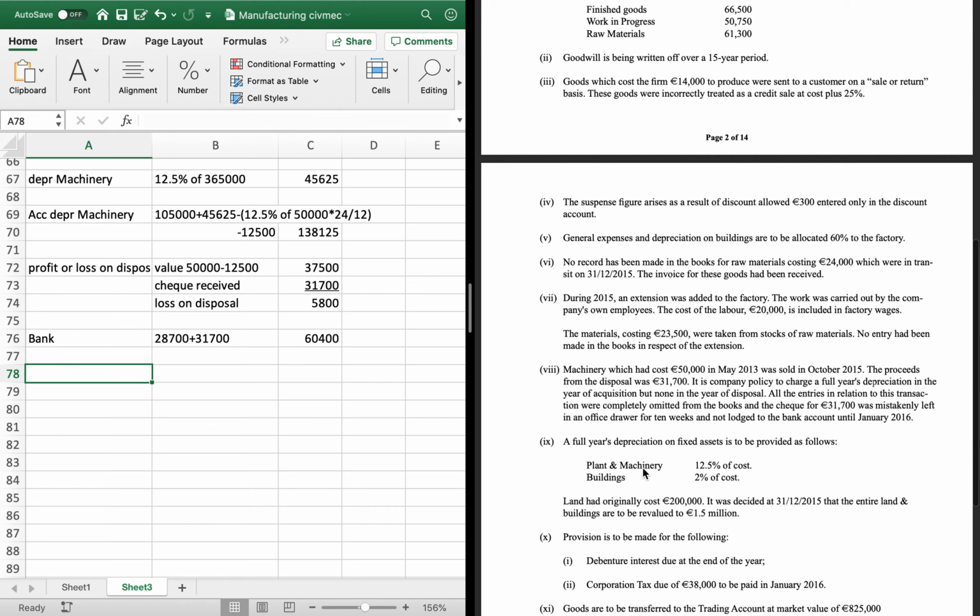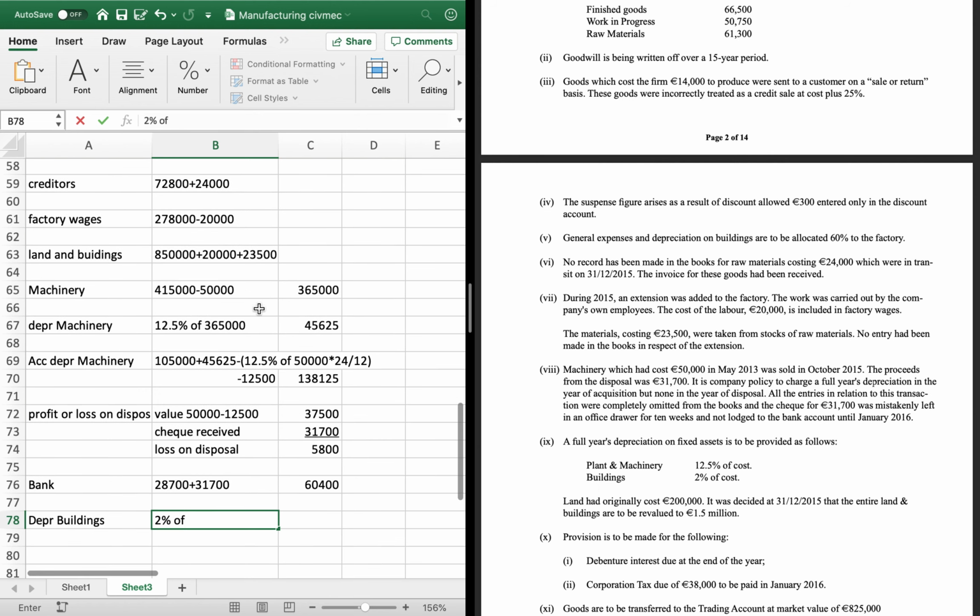Which is also, by the way, that plant and machinery depreciation working done. So the next one: buildings. Depreciation of buildings. It tells us to depreciate buildings by 2%. So it's going to be 2% of our buildings figure, which is 2% of 893,500.